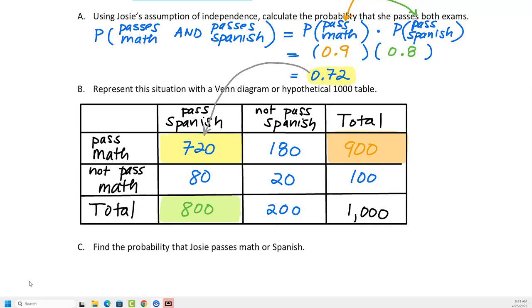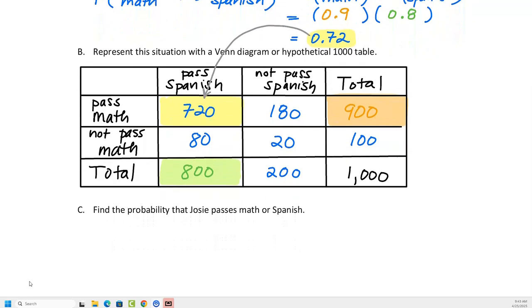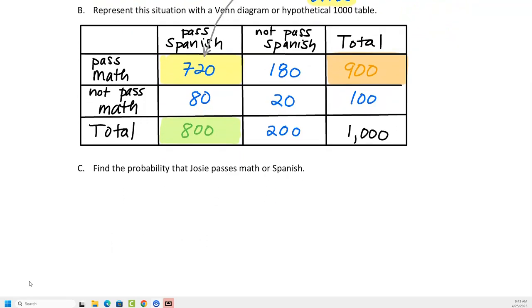Okay. Find the probability that Josie passes math or Spanish. So the probability that she passes math or passes Spanish.